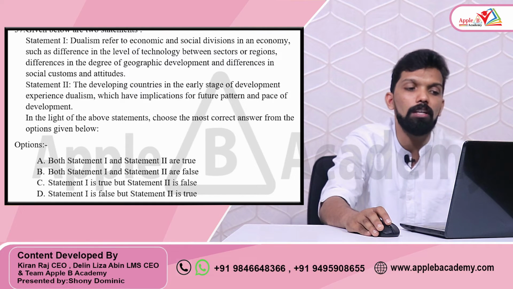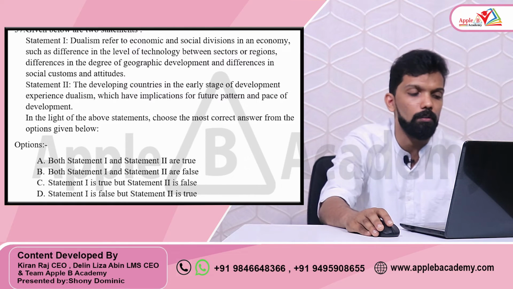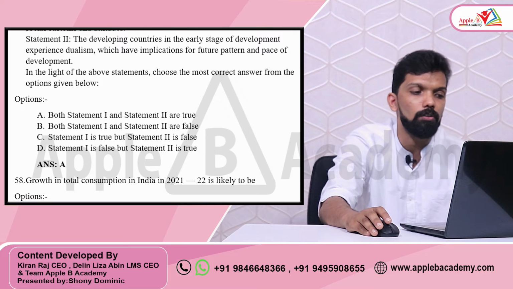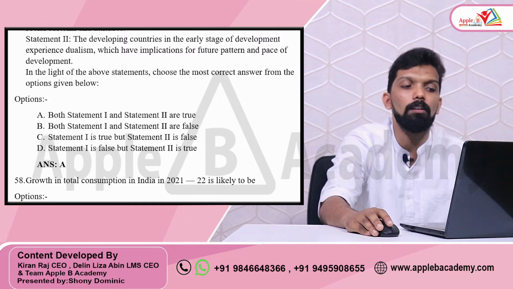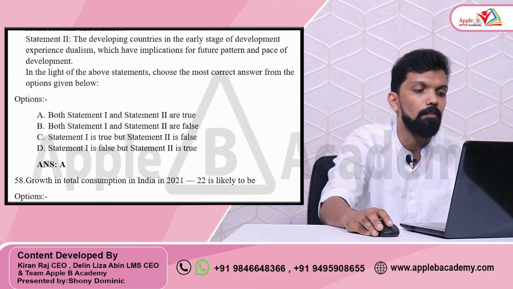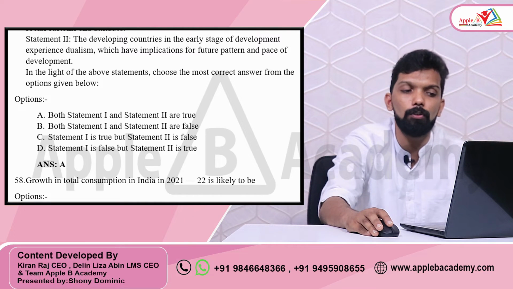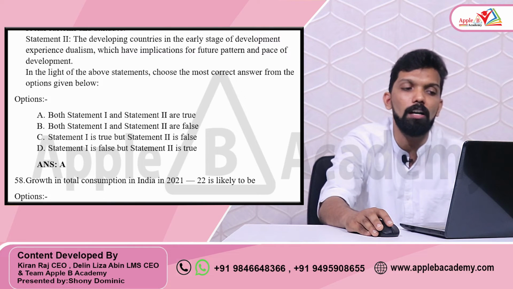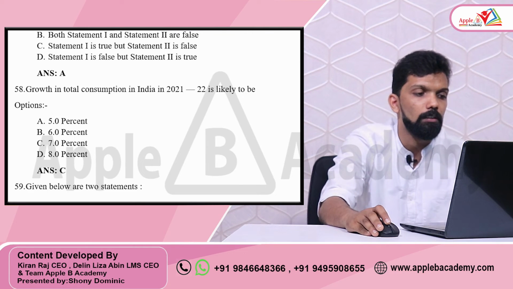In the light of above statements, choose the most correct answer from the options given below. So we have different options: both statement 1 and 2 are true, both statement 1 and 2 are false, statement 1 is true but statement 2 is false, statement 1 is false and statement 2 is true. The right answer for this question is option A, both statement 1 and 2 are true.